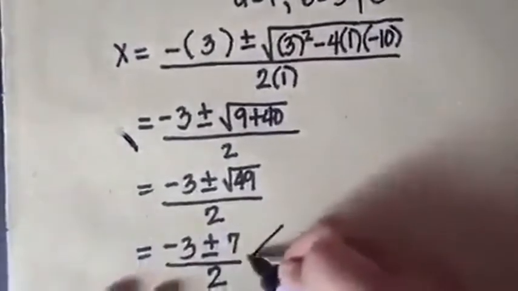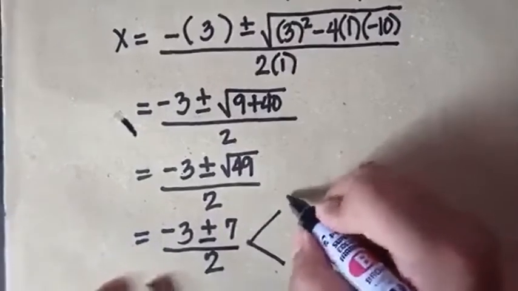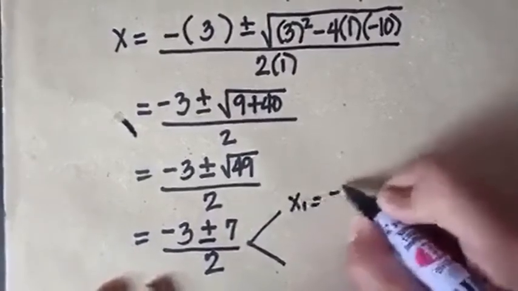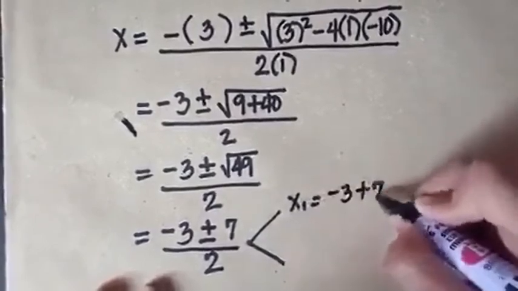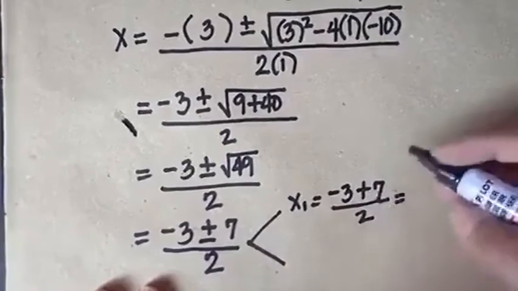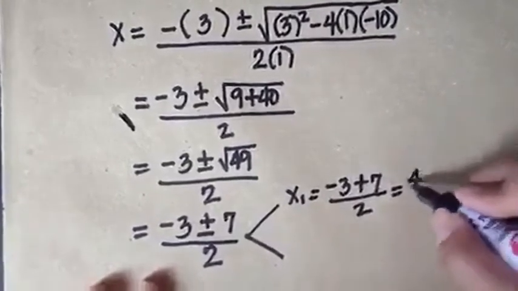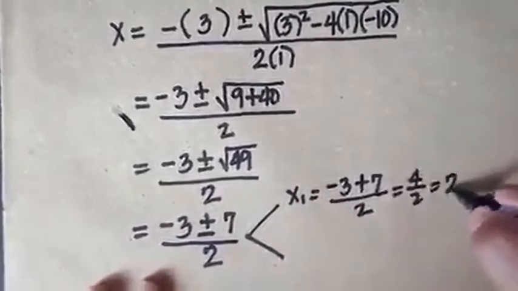So, solve natin yung x. So, our first x would be negative 3 plus 7 divided by 2. So, that is negative 3 plus 7 is positive 4. Divide by 2, so you have 2.